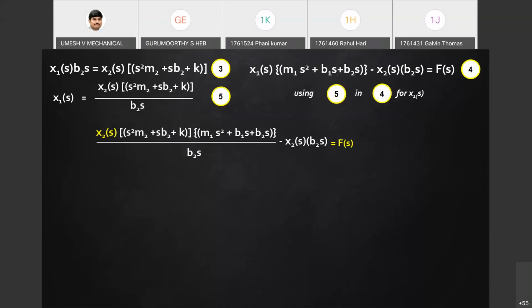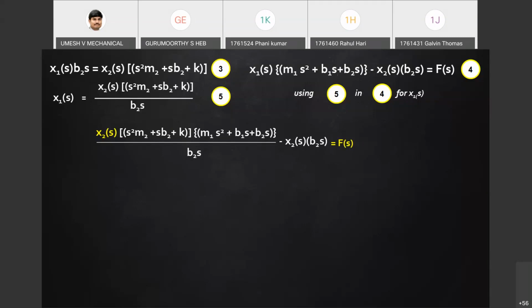This is called the substitution method. We want the x1 final equation, only two variables, sorry, x2 of s. Then the other equation is f of s. You can see the color.